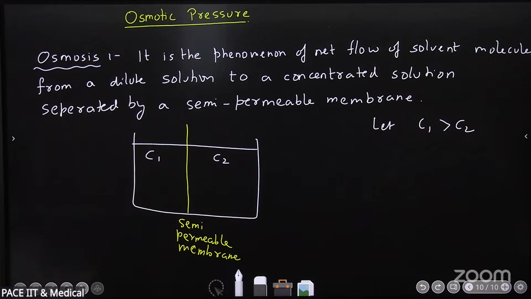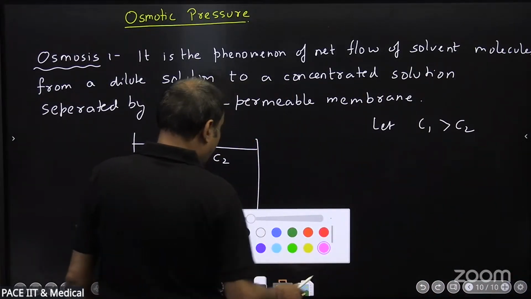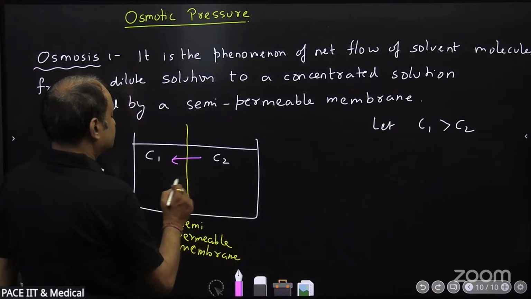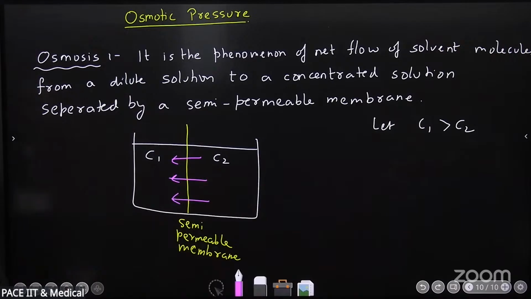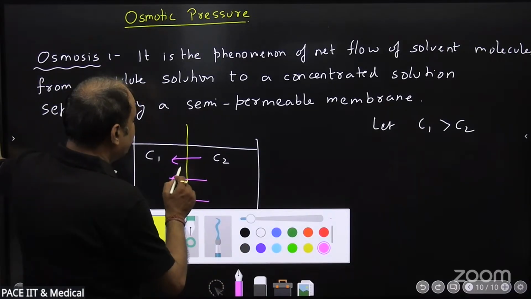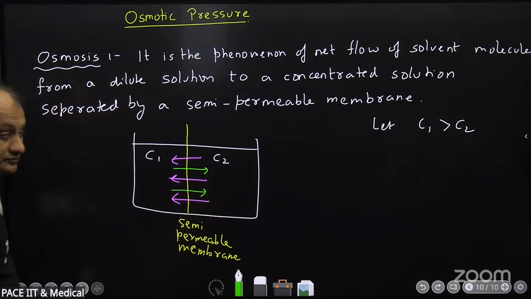Now the right solution here, the C2 solution, is a dilute solution. It means on the right side, the concentration or number of solvent molecules is more as compared to the left side. So what will happen? Solvent molecules will go from right side to left side, as well as from left side to right side.